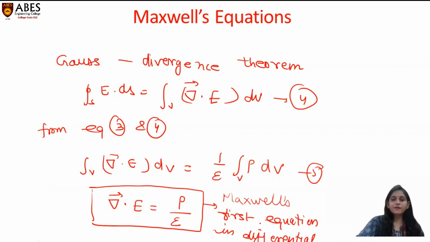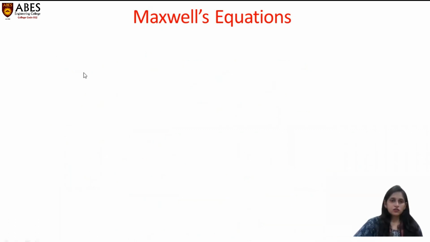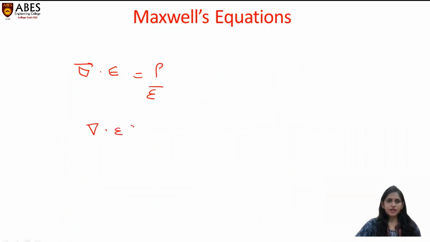We can write this Maxwell's first equation in differential form also in this manner. Because we have del dot E is equal to rho by epsilon, so del dot epsilon E is equal to rho. And what is epsilon E? This represents D, the displacement vector.